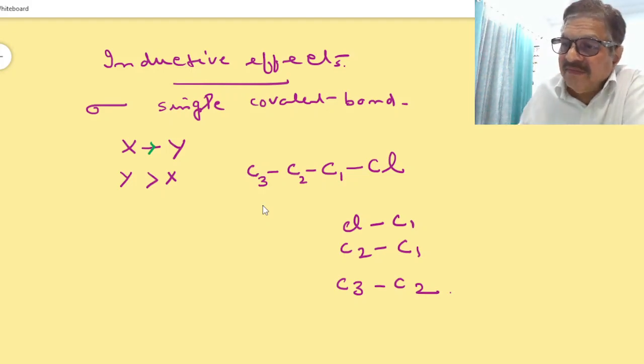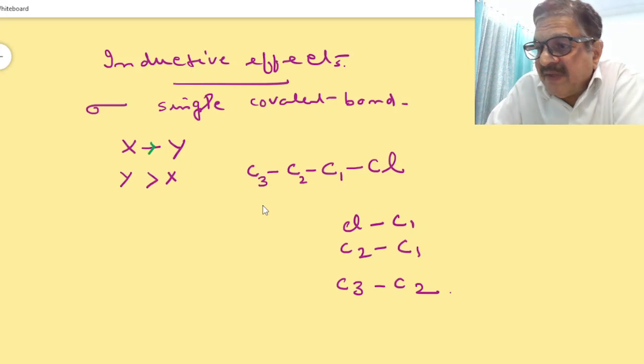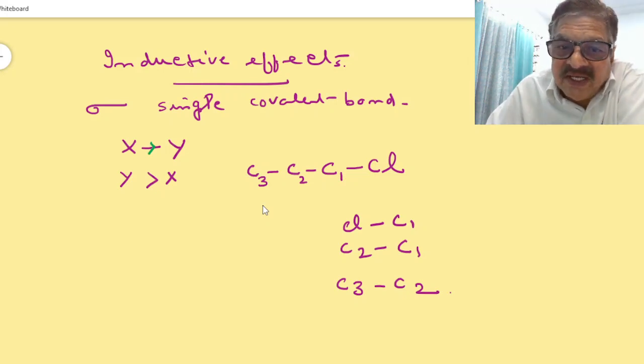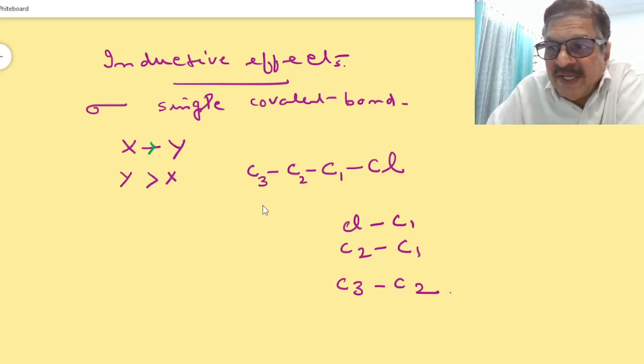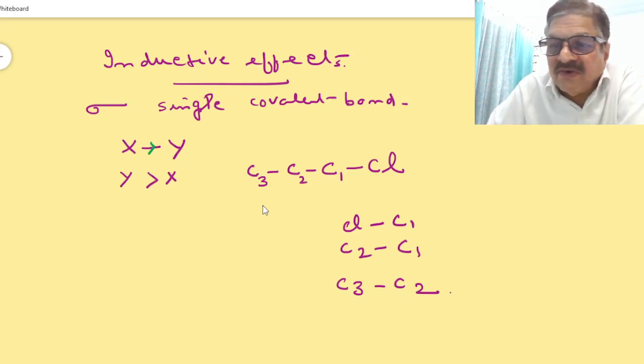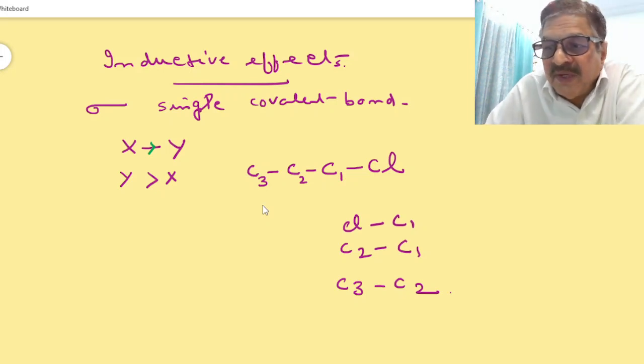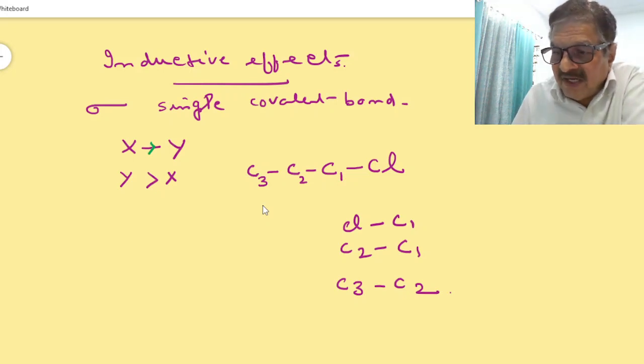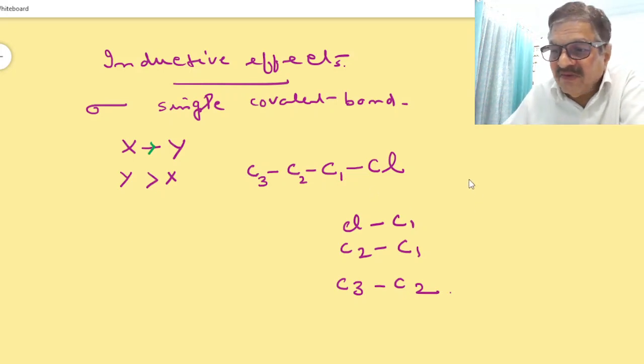Now, here the chlorine has a greater electron affinity than carbon. Therefore, the electron pair forming the covalent bond between the chlorine atom and C1 will be displaced towards the chlorine atom. Correct? Now, this causes the chlorine atom to acquire a small negative charge.